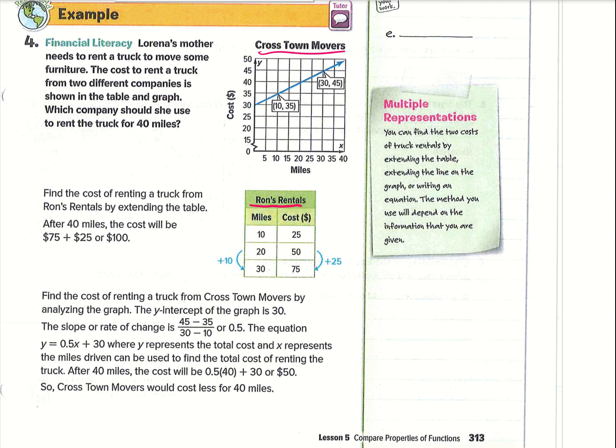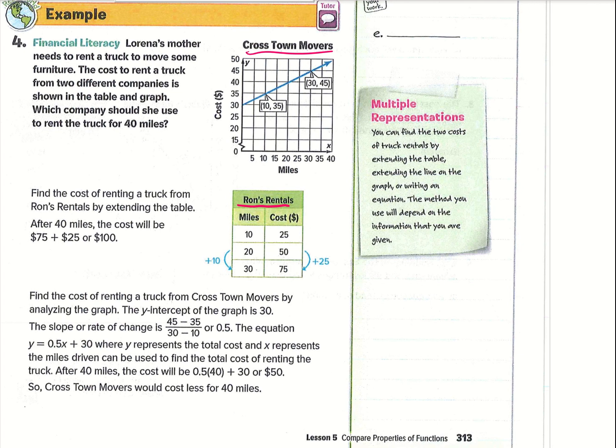I would personally suggest making an equation. The other option here, which is also a pretty good one for this one, is to just extend this table, and you'll get it. So we go plus 10 again right here and plus 25 again. The reason I knew to do that is because that's what's happening here and here and then here and here.